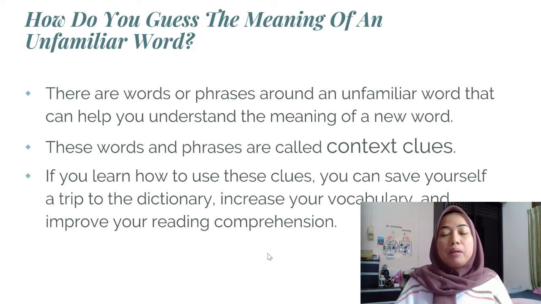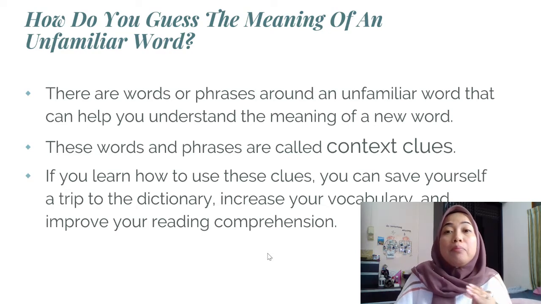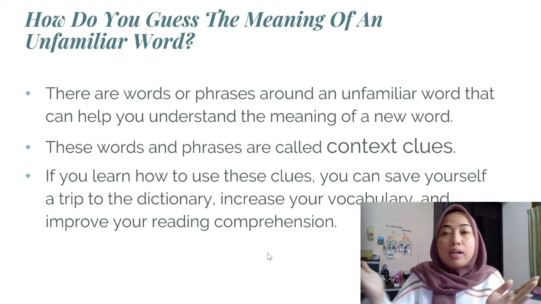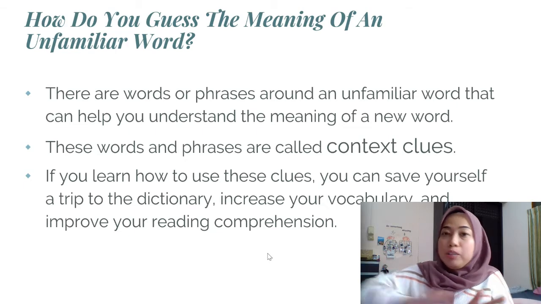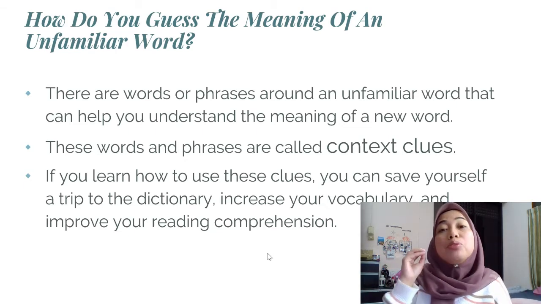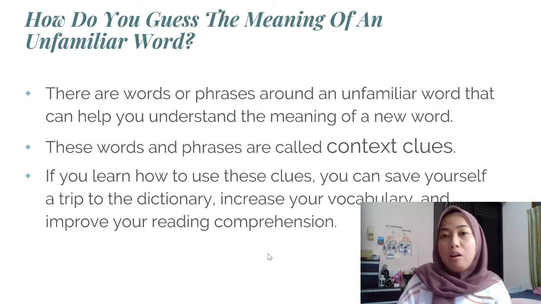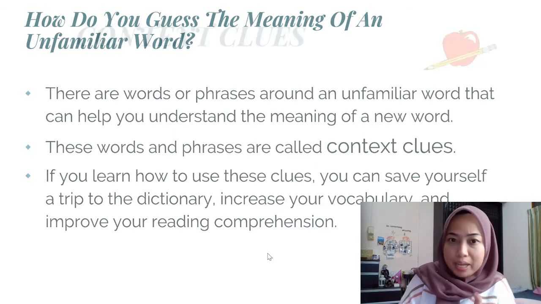When I talk about reading comprehension, we want to make sure that we are able to understand the text within a certain period of time. So you'll be able to cut your time. Rather than looking at the dictionary, you'll be able to instantly know the meaning of the word. So this is amazing, right?